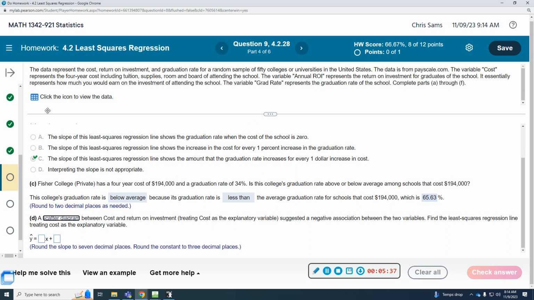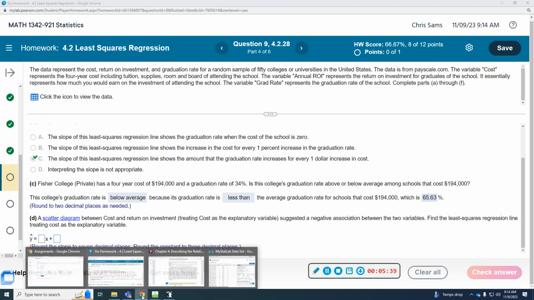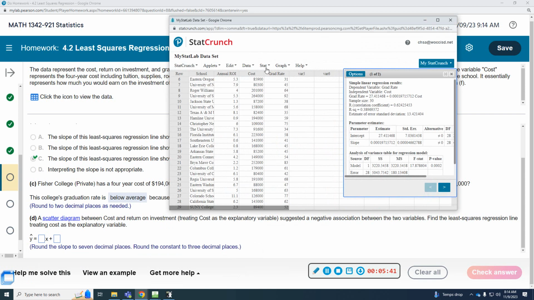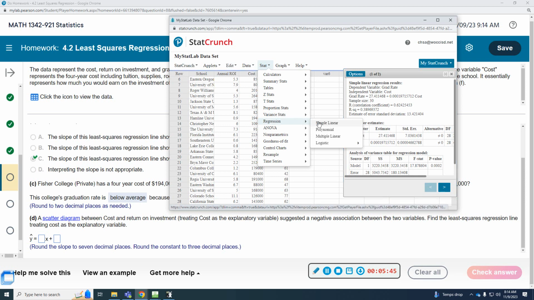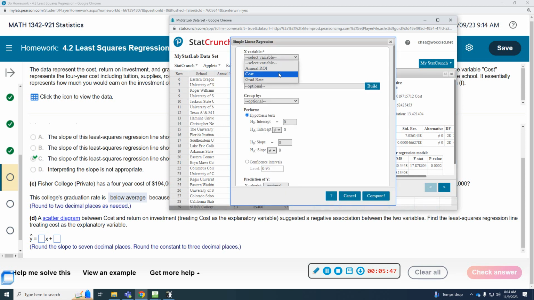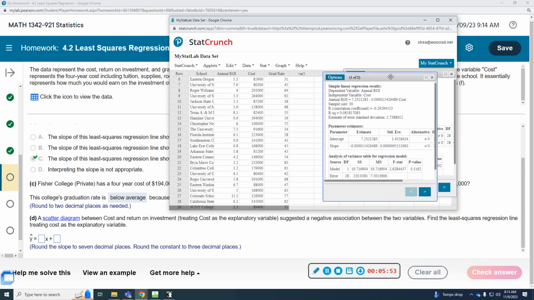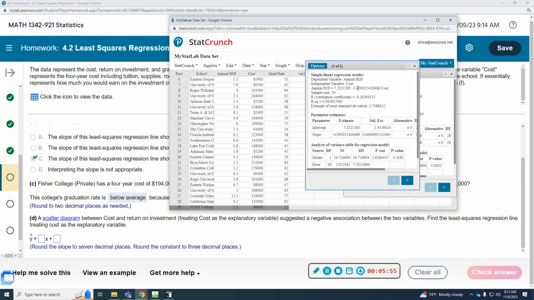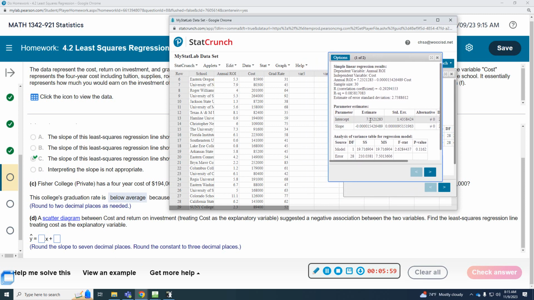I think my data is already here. So this time I'm going to do regression line, simple linear, cost explanatory, and then annual rate of return as our y. And then we get this output. We're going to round slope to 7 decimal places and the constant to 3.